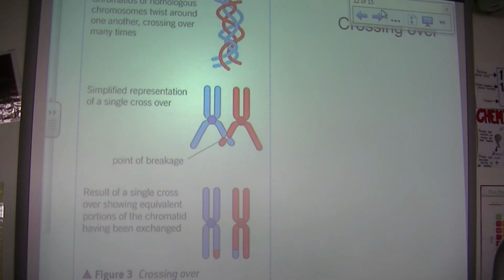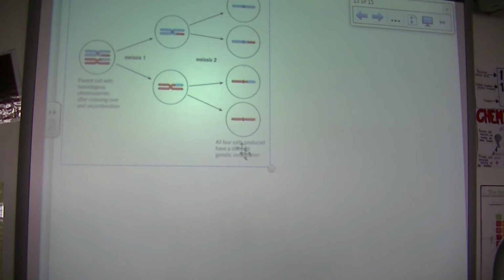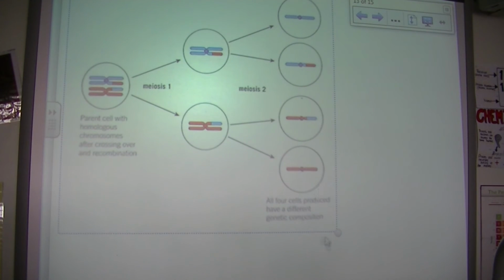This will then lead to, as shown on this diagram, what would have been two of the same gametes. They would have been, before crossing over, both paternal chromatids. There is now a full paternal chromatid and a new combination of alleles, both paternal and maternal. So that's variation in new combinations of alleles caused by crossing over.